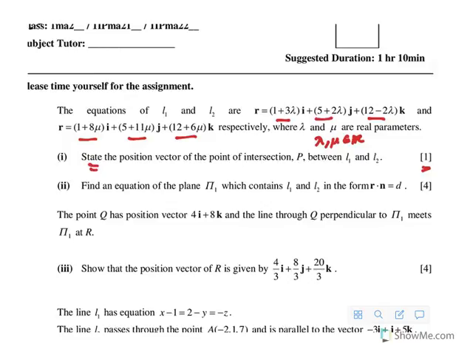All you need to do is write out line 1 and line 2. This is the so-called non-implicit form, but if I rewrite my equation, line 1 can be rewritten in this form: I separate out all the constants, 1, 5, 12, together with lambda times 3, 2 and negative 2, where lambda is real.